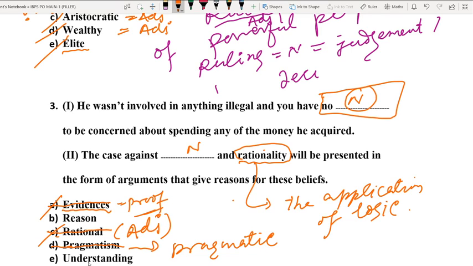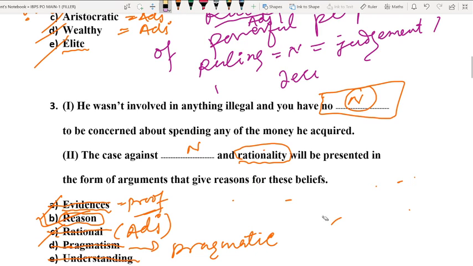And as you can see, understanding: the case against understanding and rationality seems absurd, weird, so it is outrightly eliminated, though we can use this word in the first blank of the first sentence as well. Clear? So now I have only one word left, that is reason.